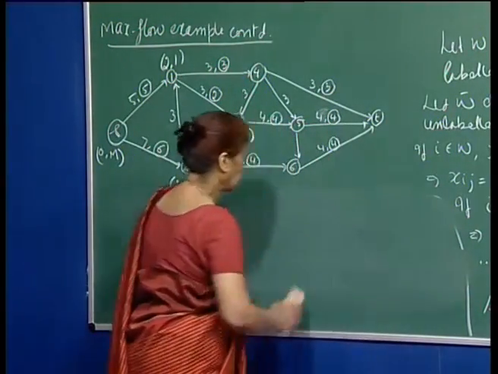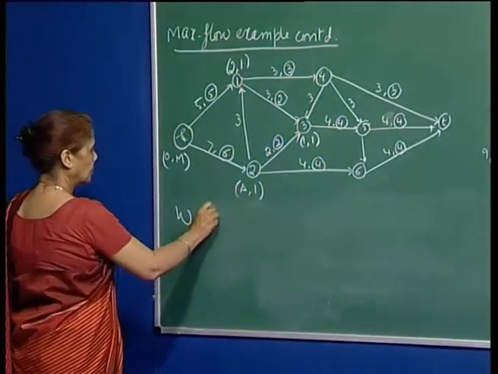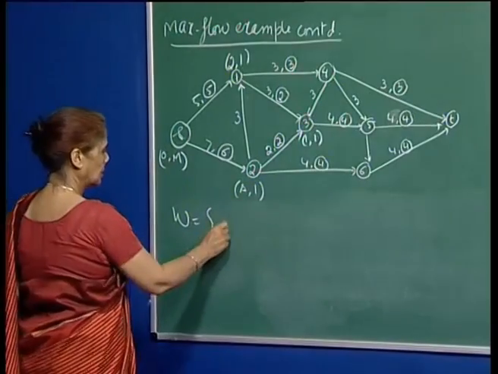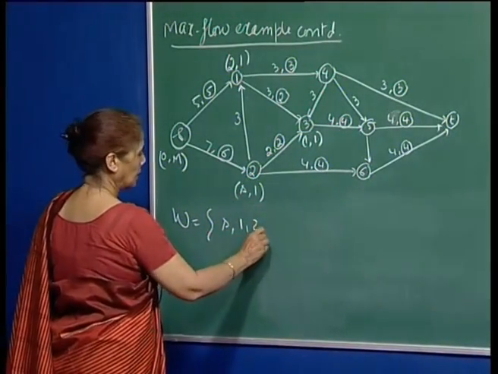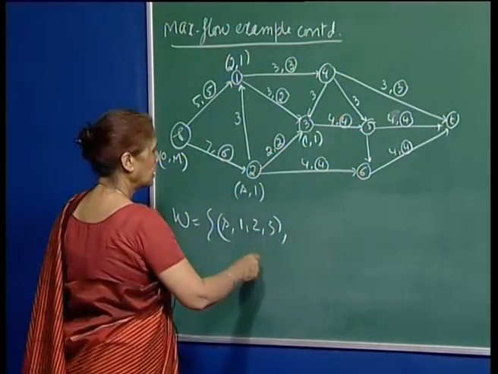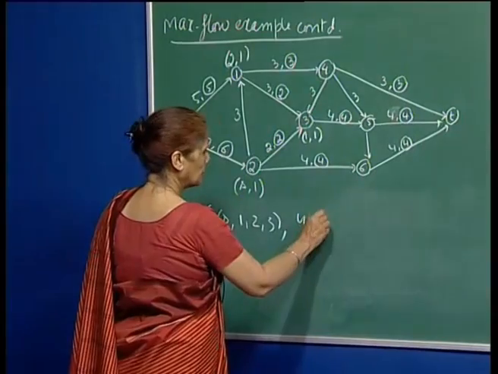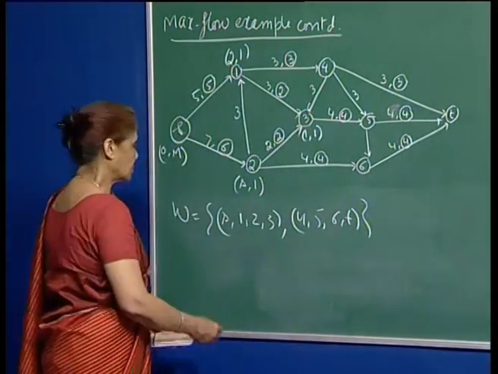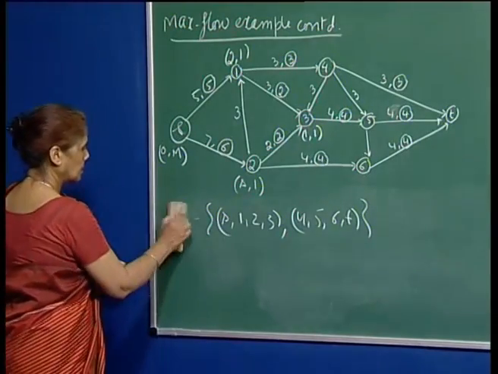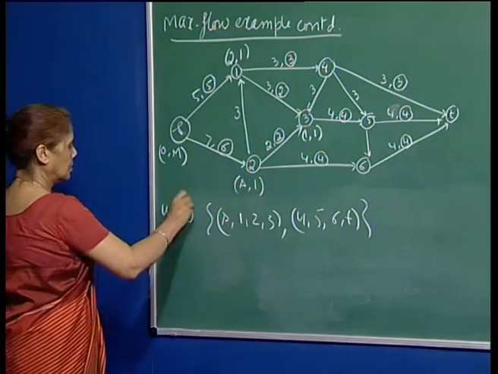So, what is your cut here? The cut W here would be what? We are able to label S, 1, 2 and 3, and the remaining nodes 4, 5, 6 and T belong to W bar.